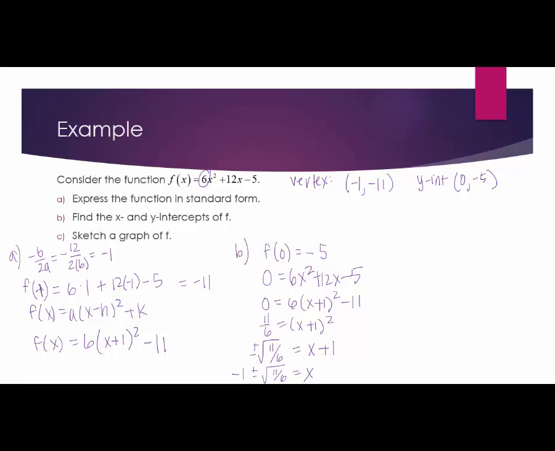Now these are going to be a little bit harder to graph. We might want to get a decimal approximation in order to do that. But I do still have two solutions, two values for x for these x-intercepts. This gives me an x-intercept at -1 plus root 11 over 6, 0. And another one at -1 minus root 11 over 6, 0.